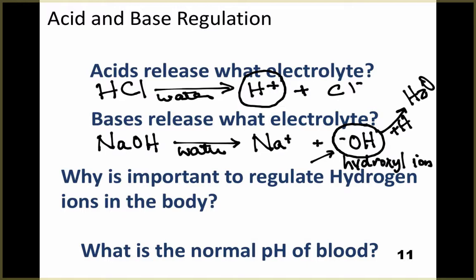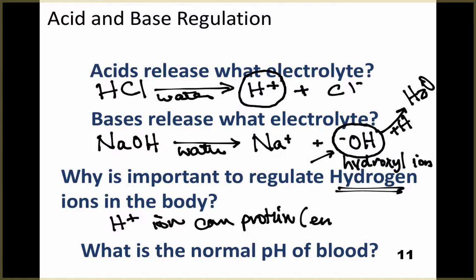So why is it important that our body regulates hydrogen? Because how many hydrogens are there or how few is going to change the pH of our body. And why is that important? Like I said, hydrogen ions can affect proteins, right? It can make them basically fall apart.